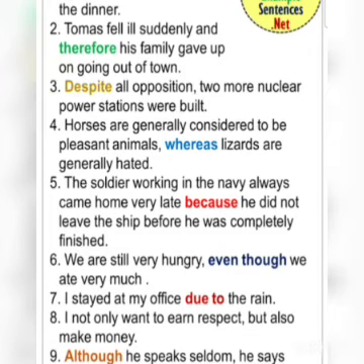Here, and is a word which is joining two sentences. Thomas fell ill suddenly and therefore his family gave up on going out of town. Here, therefore is a word which is joining two sentences. So similarly, we have many other sentences.